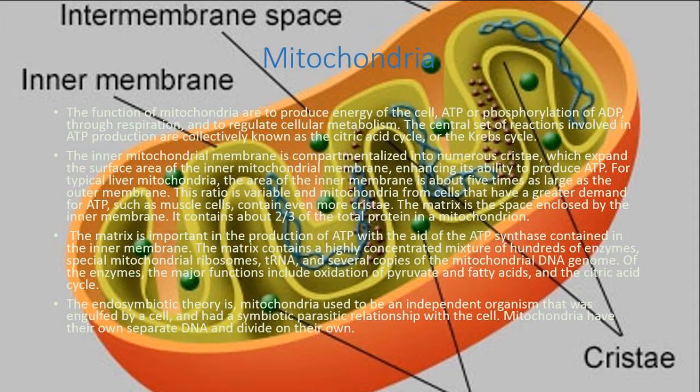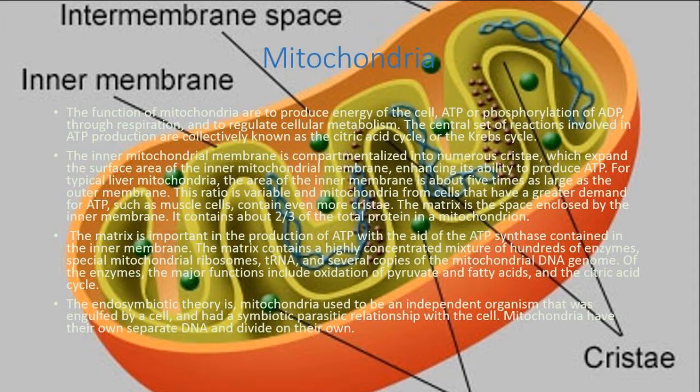Because the outer membrane is freely permeable to small molecules, the concentration of small molecules such as ions and sugars in the intermembrane space is the same as in the cytosol. However, large proteins must have a specific signaling sequence to be transported across the outer membrane. So the protein composition of this space is different from the protein composition of the cytosol.